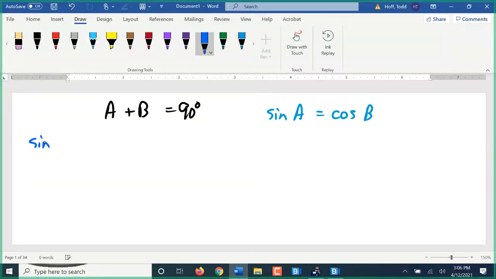If I tell you that the sine of angle B equals 0.6, what does the cosine of angle A have to be? Because the sine of one has to equal the cosine of the other because they're complements.